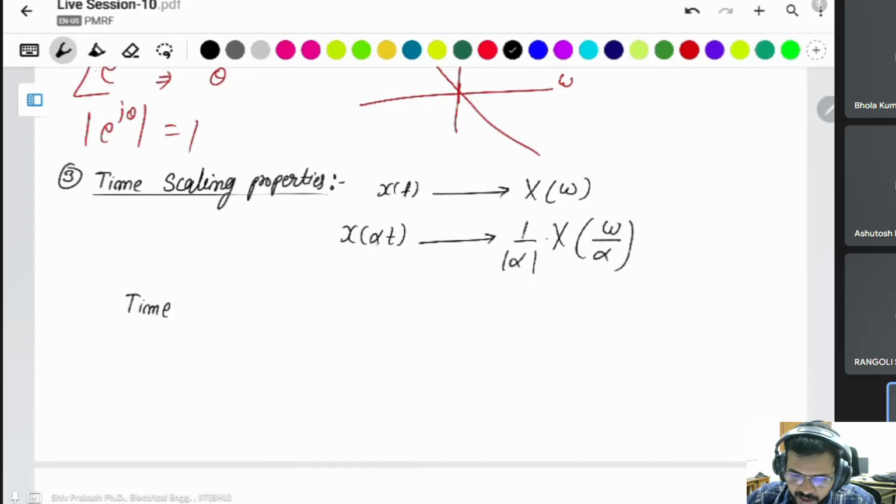If you scale something, then the bandwidth will be divided. If alpha is greater than 1, sorry, alpha is greater than 1, then this will provide us some compression in the time domain, and the same thing for the frequency domain is divided by alpha.